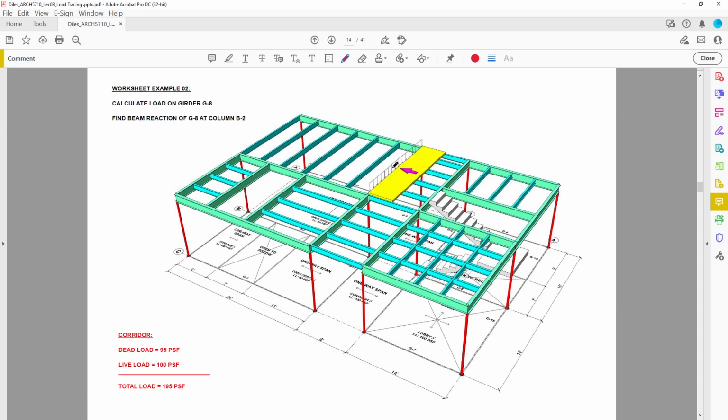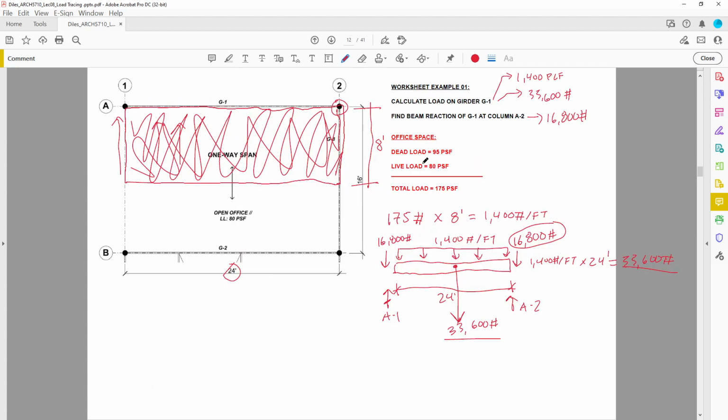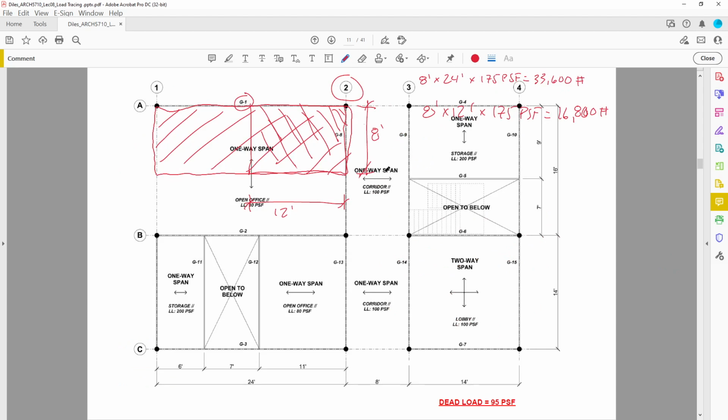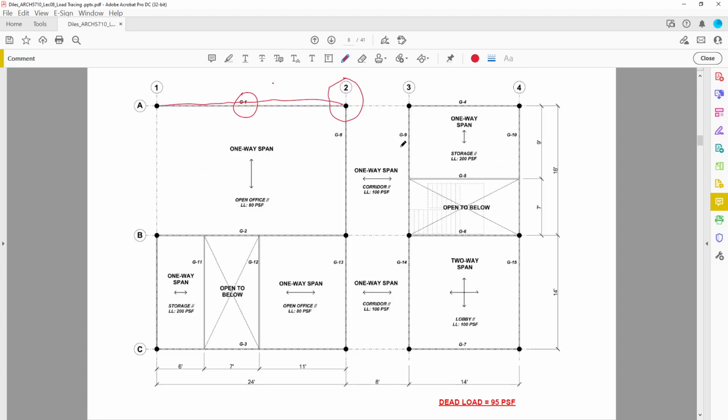So what is the tributary load on girder 8? We just have a one-way span from the corridor, and we should look at this in a plan view. So this is G8. We're concerned with how much G8 is putting onto B2, and what is to the left of G8?